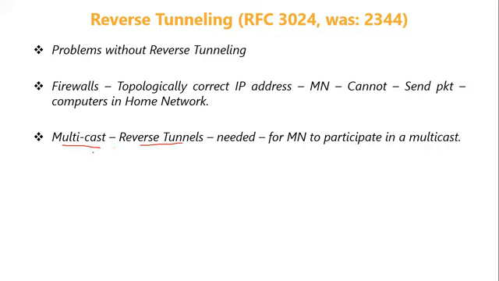Okay, I think it's clear. If the mobile node is in the foreign network, and wants to multicast packets to a few nodes in the home network, it is not possible without using reverse tunneling.